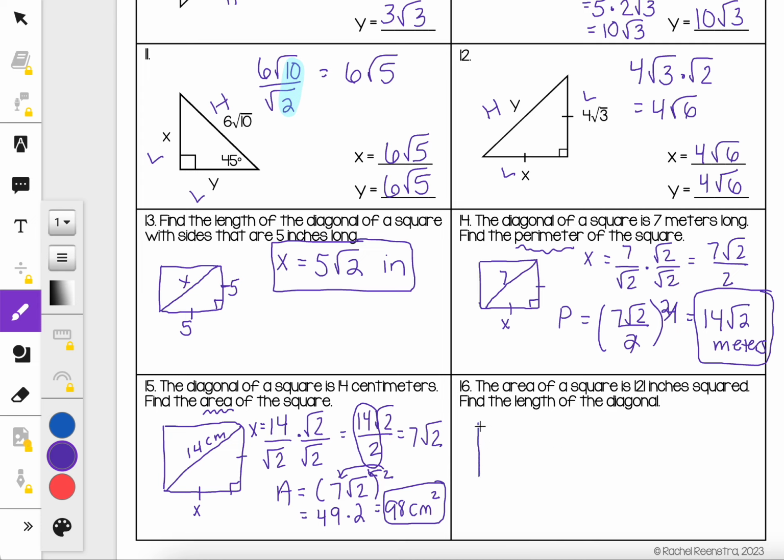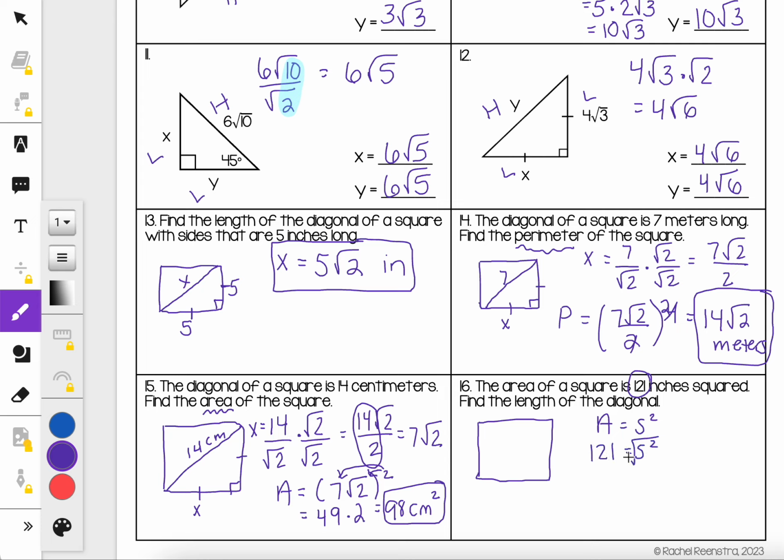And for our last problem, all right, I have another square. Here it's telling me that the area of this square is 121 inches squared. So my area is equal to a side squared, and that area is 121.